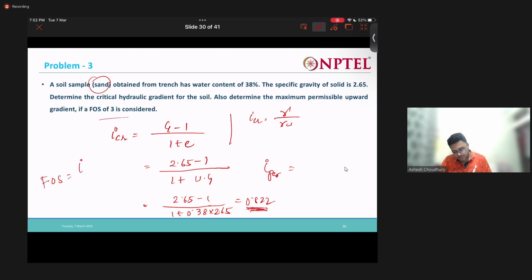FOS is always i critical by i permissible. So permissible will be 0.822 by 3, which is 0.274. So our gradient should not be more than 0.274 if we are asked to have a factor of safety of 3.